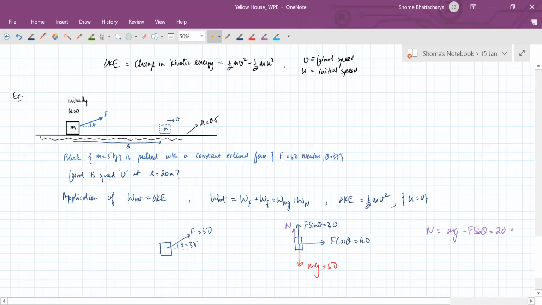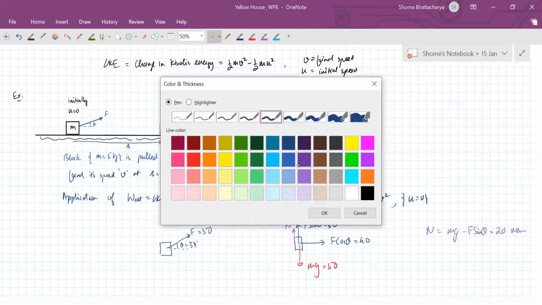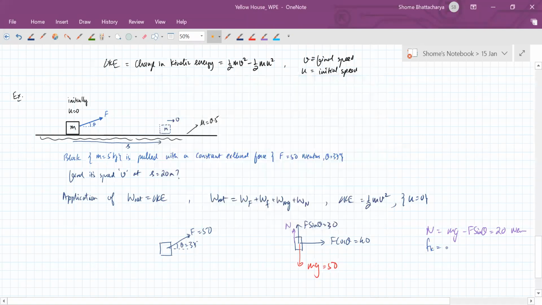So that will be only 20 newtons. So the kinetic friction which is acting on the block will be equal to mu N. Mu was 0.5, so that will become 10 newtons. So the kinetic friction acting here will be equal to 10 newtons.